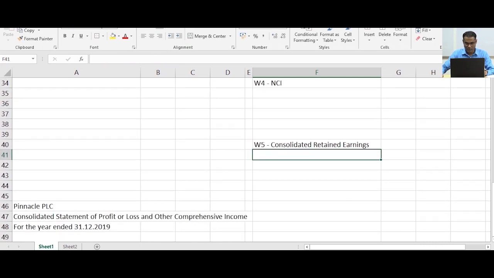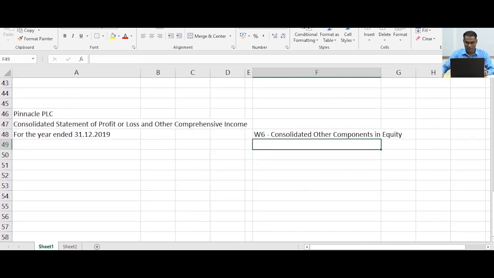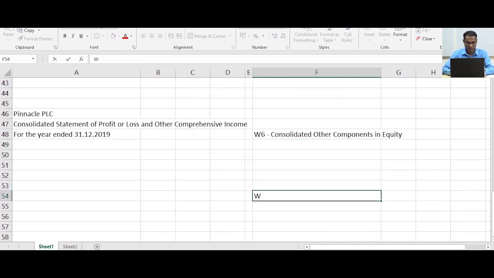And working number 6, consolidated other components of equity. Working number 7, investment in associate.